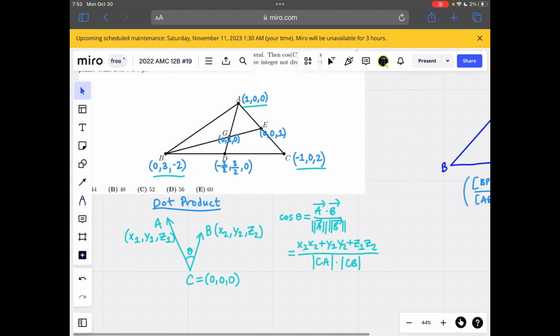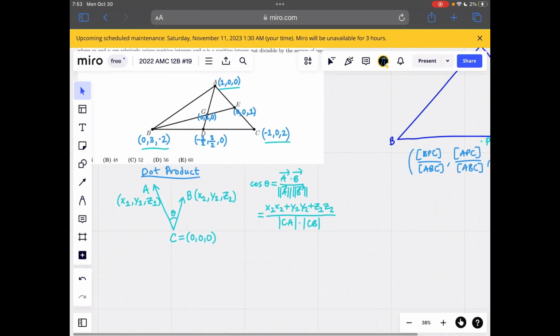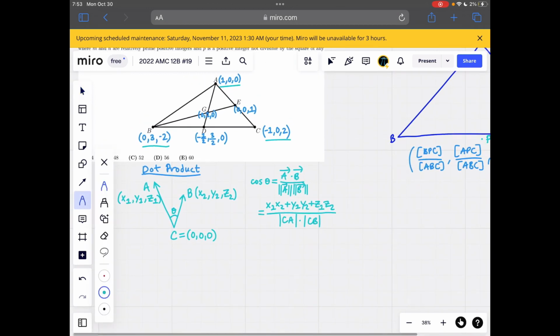So I'll do this down here, where we can still see the locations of A, B, and C. So the new location of point B, after shifting everything by 1, 0, negative 2 so that C is now the origin, is that B is mapped to the point 1, 3, negative 4.